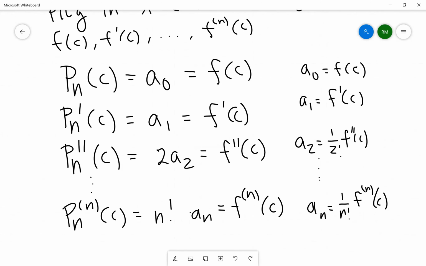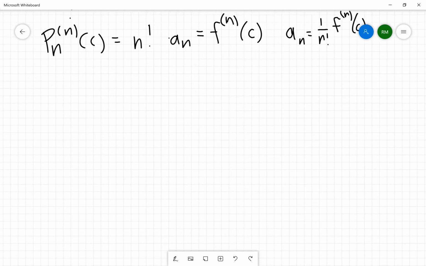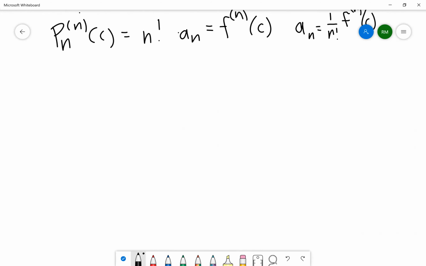So what you've just figured out is exactly what the coefficients of your Taylor series polynomial are going to be. So we're going to summarize everything we just did and give us the definition of an nth degree Taylor polynomial.